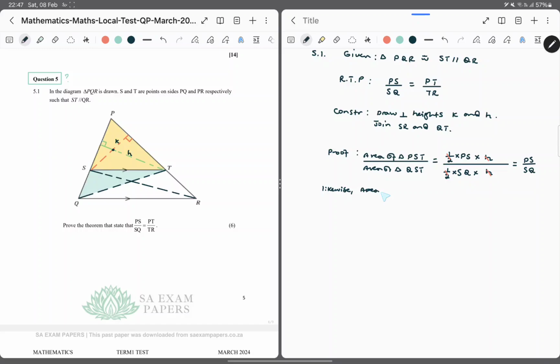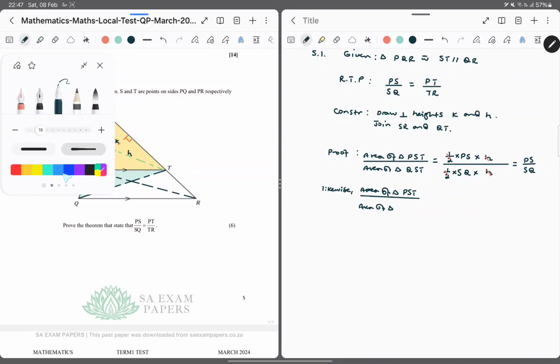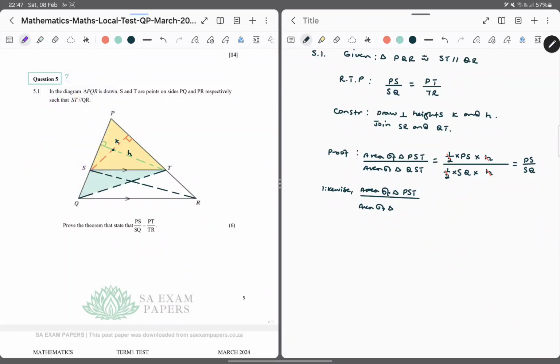Area of triangle PST over area of triangle, now the triangle we're going to focus on is this one. Okay, so that's the triangle we're going to compare this to.